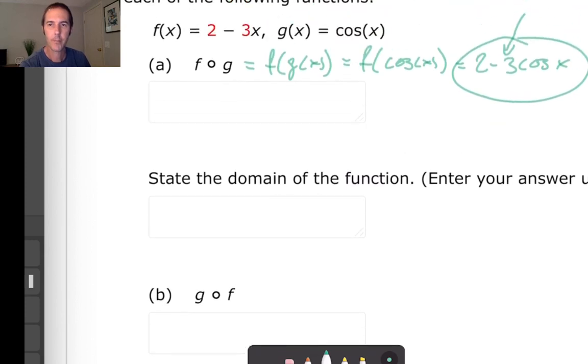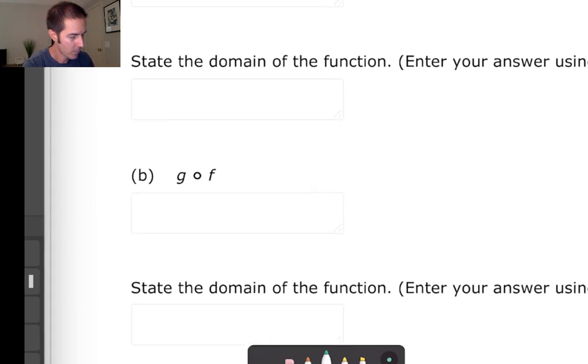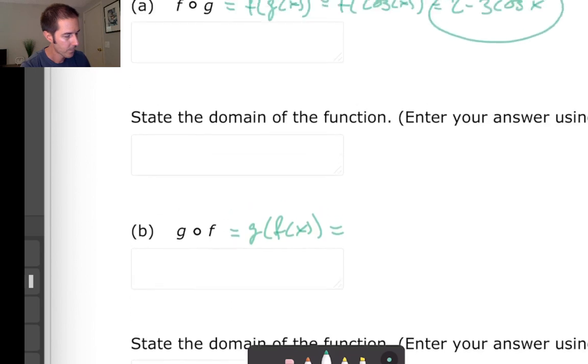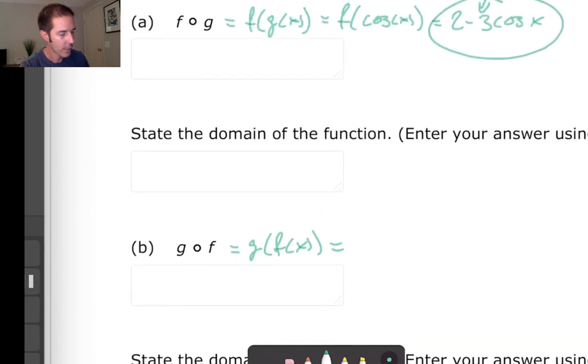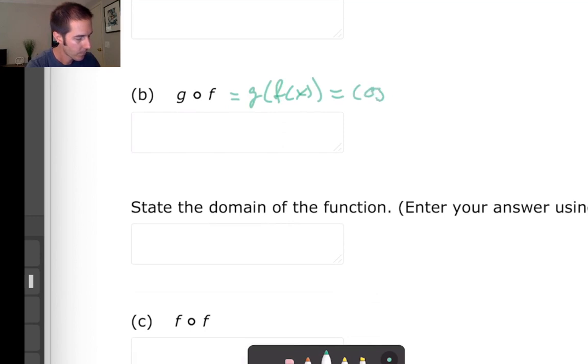G of f. This one's interesting. We'll take the cosine function. And as an input value, we're going to plug 2 minus 3x into the cosine function.